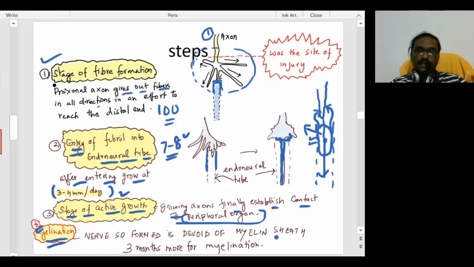But it will take time. It will take around 3 months. In and around 3 months for the myelination to get completed. But we have to wait, for a person who has already undergone degeneration, for the regeneration to occur. 3 months, fully functional. So these are the steps you have to mention when you're asked about nerve regeneration.